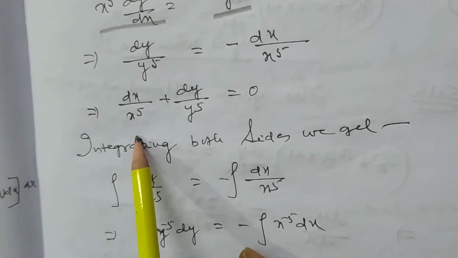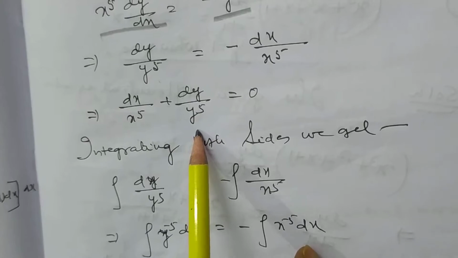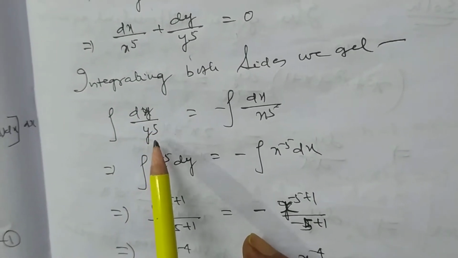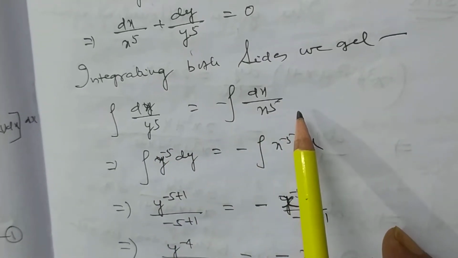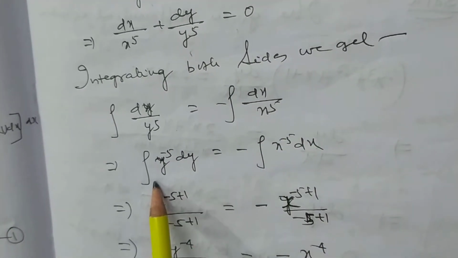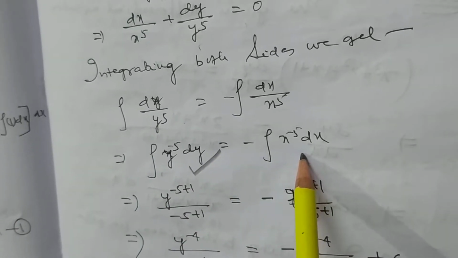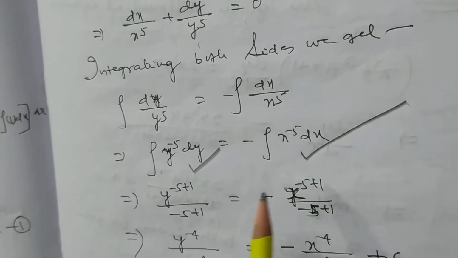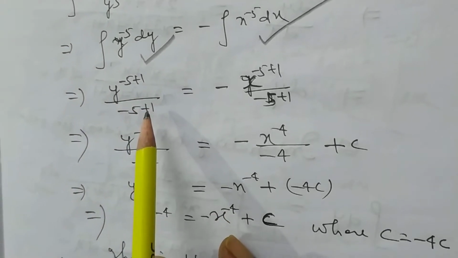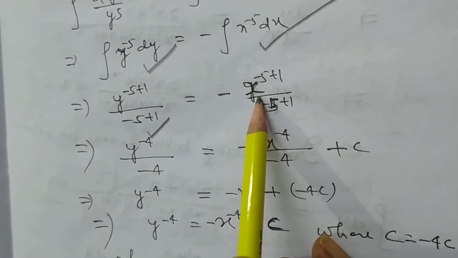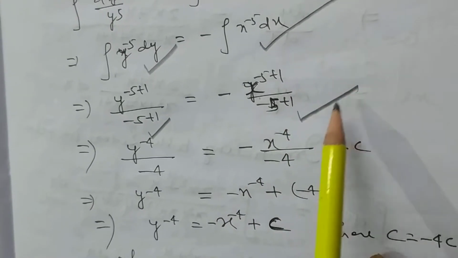This implies dx by x to the power 5 plus dy by y to the power 5 is equal to 0. Integrating both sides, we get dy by y to the power 5 is equal to minus dx by x to the power 5. So integrating, we have y to the power minus 5 dy is equal to minus x to the power minus 5 dx. So y to the power minus 5 plus 1 by minus 5 plus 1, and it is x to the power minus 5 plus 1 by minus 5 plus 1.